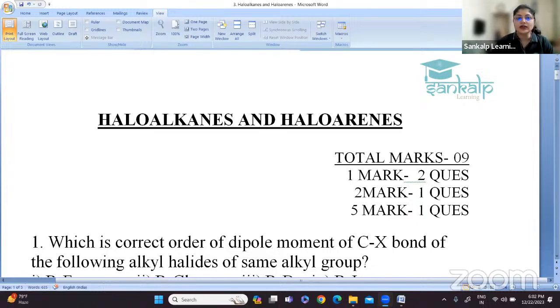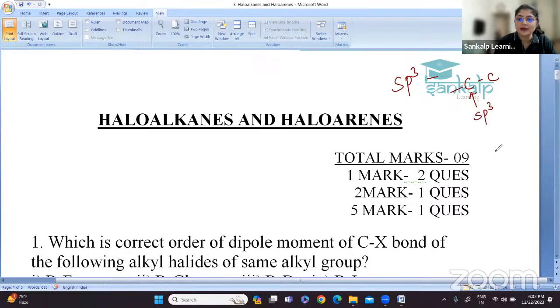In such compounds, the halogen atoms are attached to an sp3 hybridized carbon. You know what sp3 hybridized means.